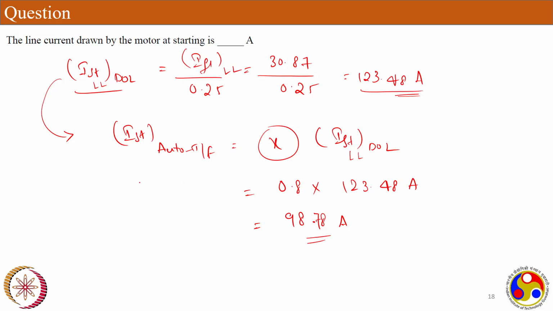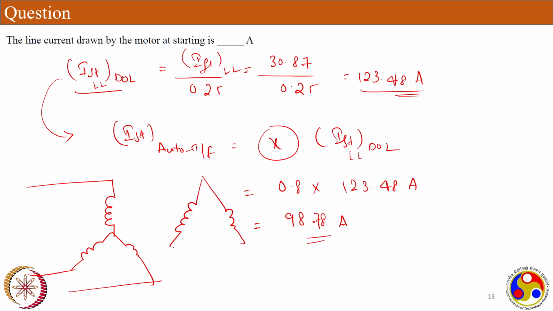See, I'll just show you. This is like this. Okay, this is the auto transformer I have, and here I have my motor, and I have this tapping going through this one, and this will go to this one.